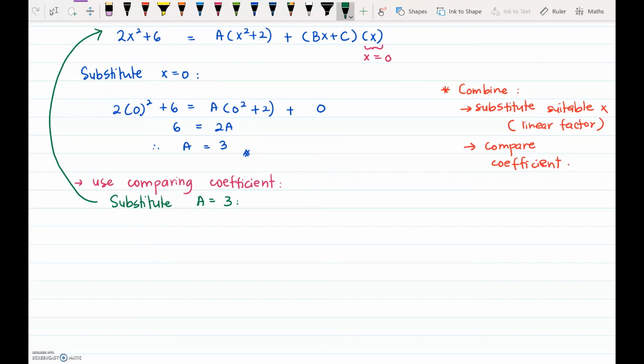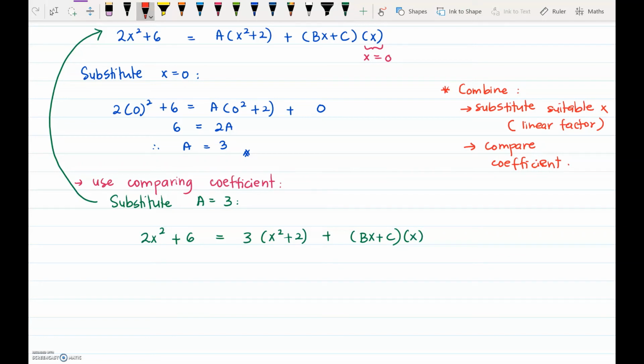So now we have 2x squared plus 6 equals 3(x squared plus 2) plus (bx plus c) times x.